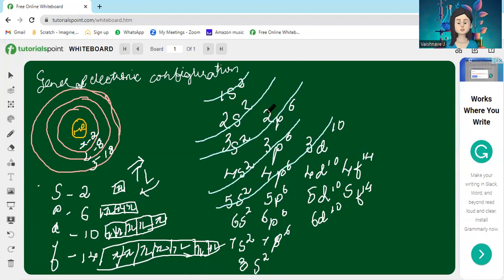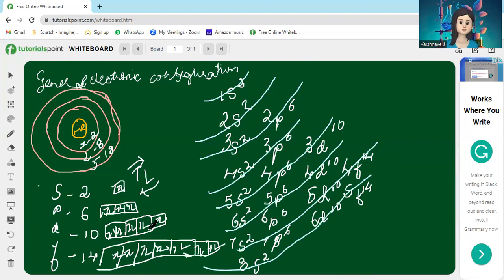In the sixth, you have 4d10, 5p6, 6s2. In the seventh, you have 4f14, 5d10, 6p6, and 7s2. Then you have 5f14 and so on. Clear? This is how it is.